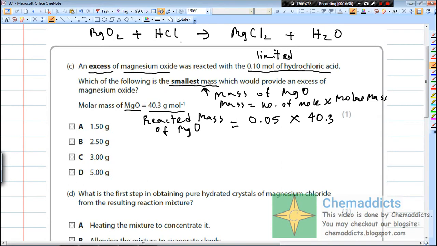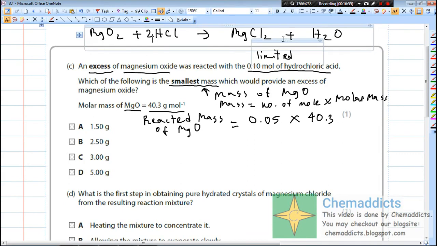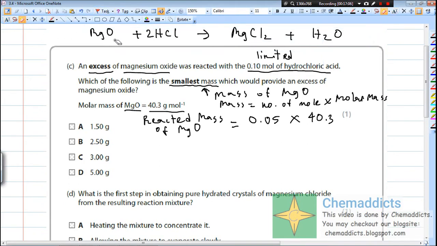So here we can see that there should be 2. No, this formula should be MgO.